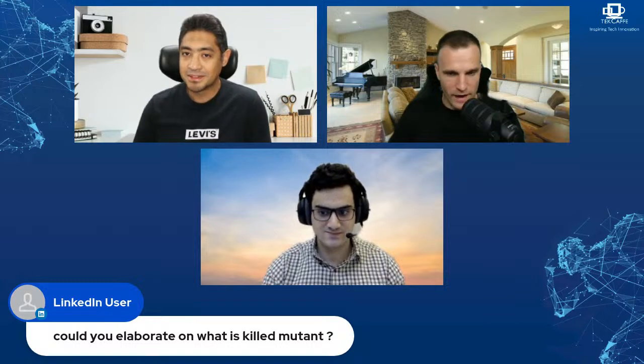Thank you. So again, you can have killed and survived mutants. Let's do the simplest explanation. Let's say you generate a modification of your code, you negate a boolean, or you delete a line of code, that's one mutant. And if you run all your tests and you have at least one failing test, it means your tests are strong enough to find that bug.